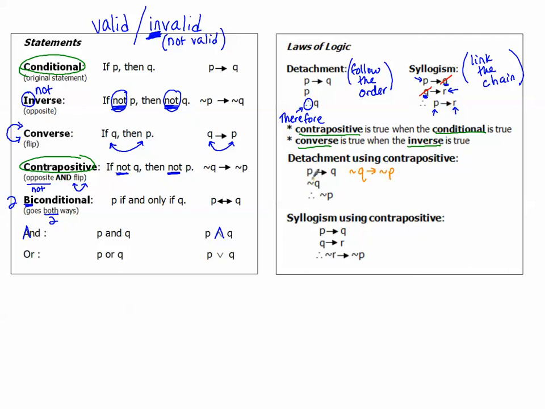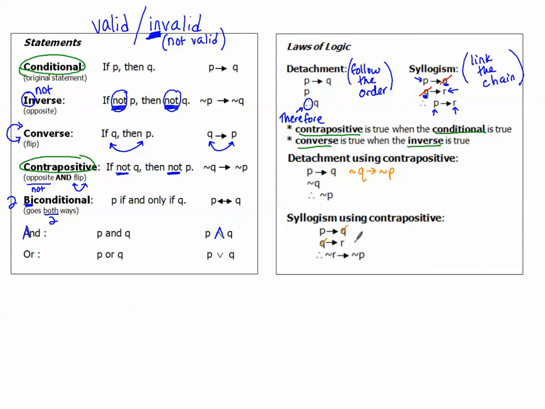So notice how we can start with not Q, therefore not P comes at the end, because this and this mean the same thing. This is the same as writing this. Conditional, contrapositive. Using syllogism to write the contrapositive. Well, P goes to Q, Q goes to R. See how they both have Q?